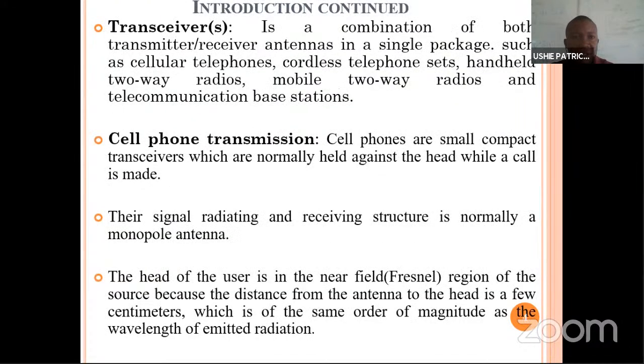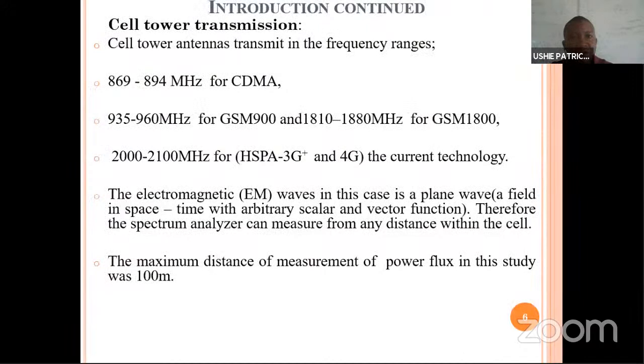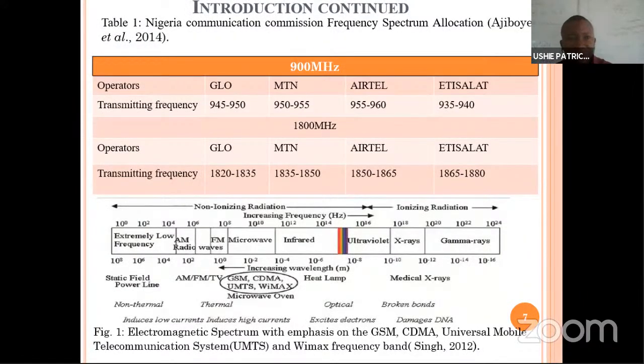Cell phones are transceivers; they are packaged with both receiver and transmitter antennas. Even the cell towers too have their own different levels of transmitting and receiving frequencies. Every country has its own bandwidth. Like in Nigeria, our anchor organization is the Nigerian Communications Commission, NCC, which allocates the frequency spectrum.